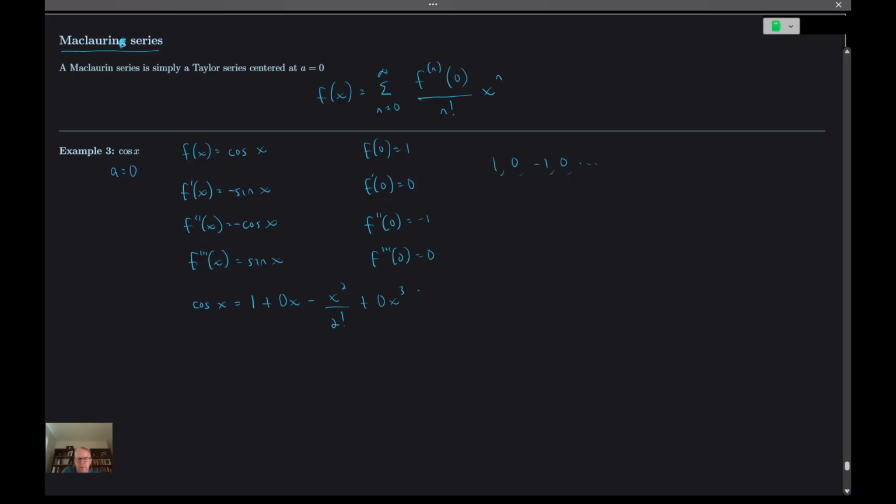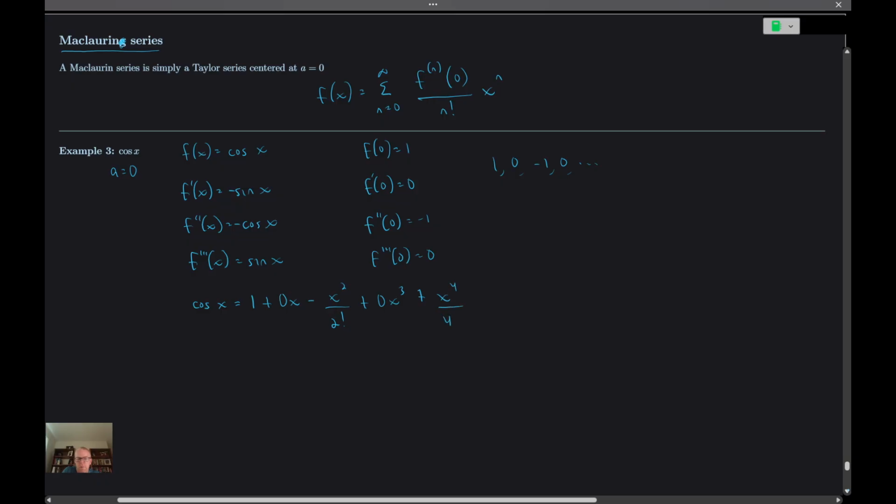And then we have plus x to the 4th over 4 factorial, plus 0 x to the 5th, minus, and so on. And so we get rid of our 0 terms. We have 1 minus x squared over 2 factorial, plus x to the 4th over 4 factorial, and that would be a minus, but on and on and on.